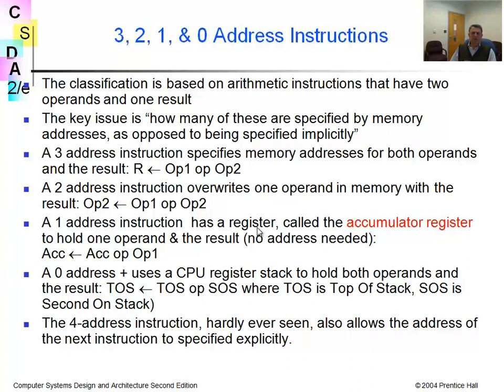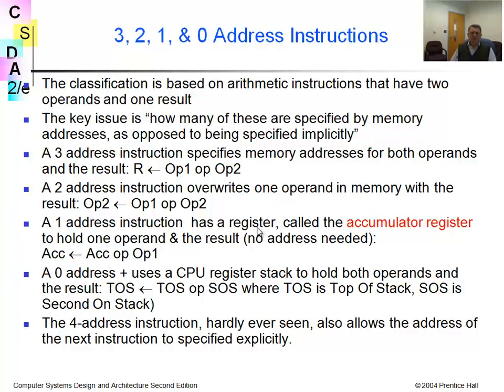A 3 address instruction specifies memory addresses for both operands and also the result. So we fetch operand 1 and operand 2 from memory, then we perform the operation and we store the result in a specified memory location.